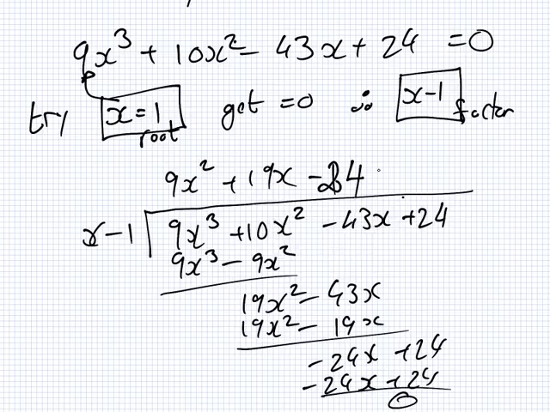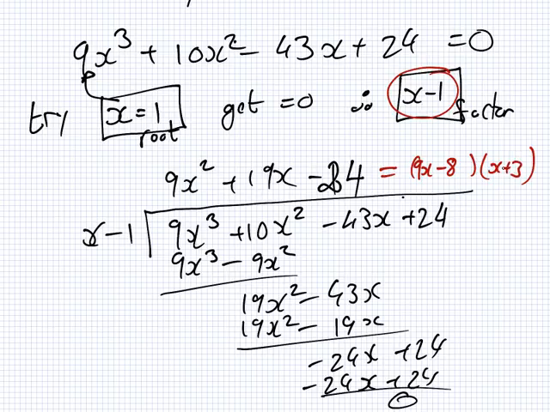I have to factorize this. So we have one factor. Let's see what the other two are. I'm going to be dang lazy and just use my calculator. So the two factors here are 9x minus 8 and x plus 3.